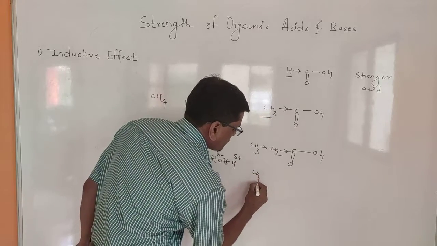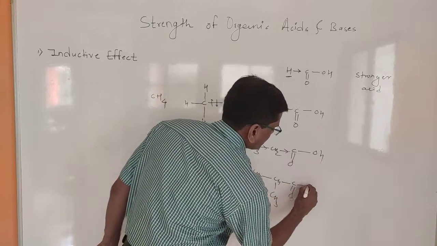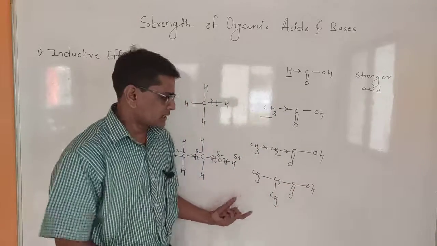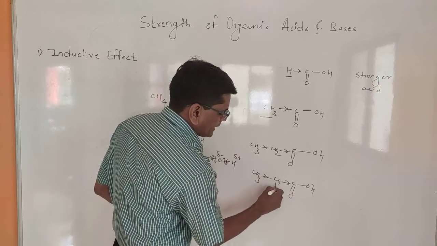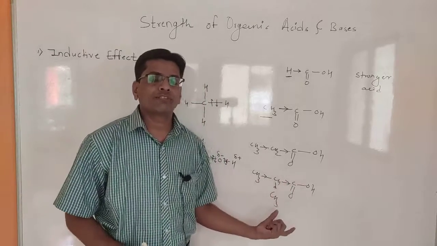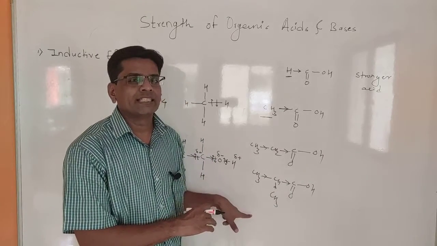Again, when we introduce an isopropyl group at the carboxyl center, this becomes even bulkier. So all these groups donate their electrons and make the carboxyl center more electron rich. That's why this becomes less acidic.